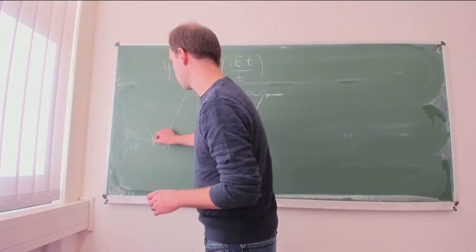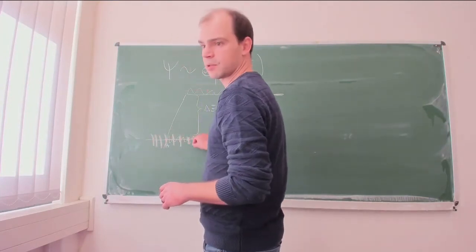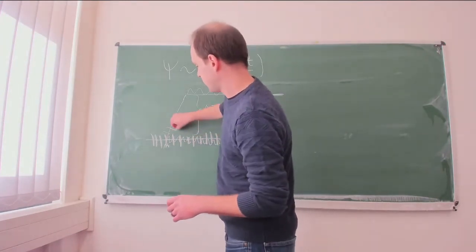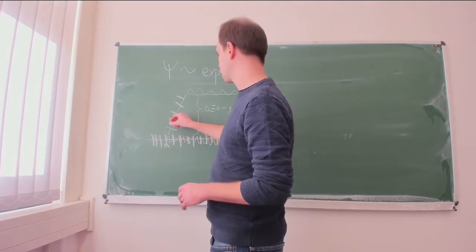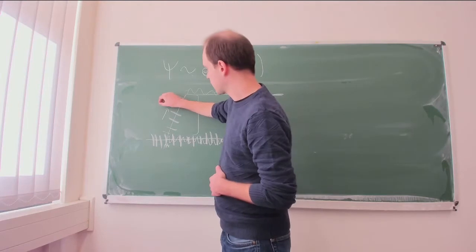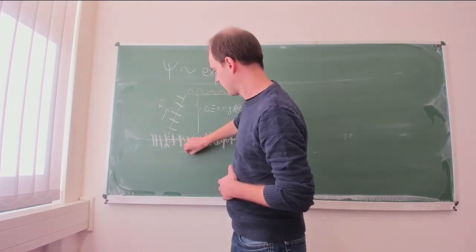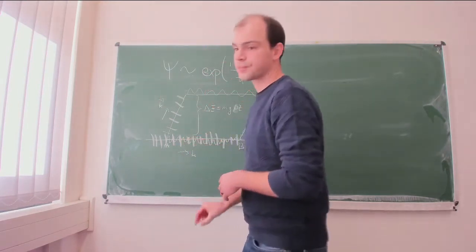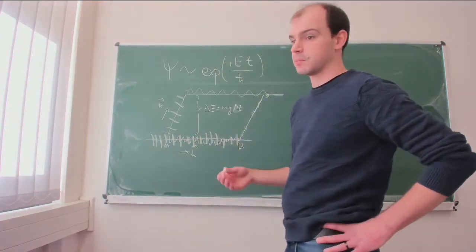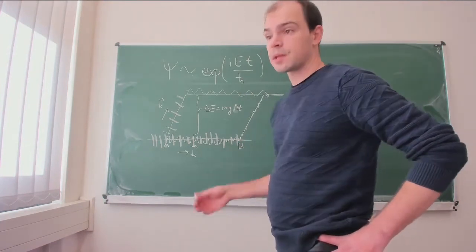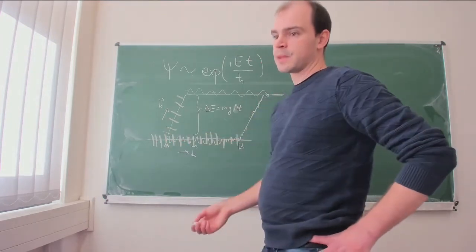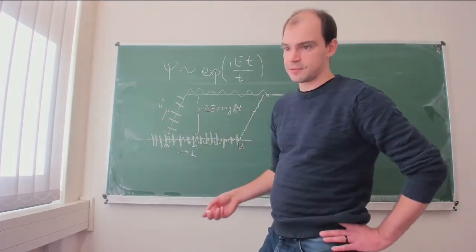So the wave that travels here can be approximated as a superposition of a plane wave going along the one path and a plane wave going along the other path, with some wave vector, either this one or this one. In this way, you can make sense, also from the perspective of the Schrödinger equation, of this semi-classical approximation where you have the classical path and just have this phase difference.